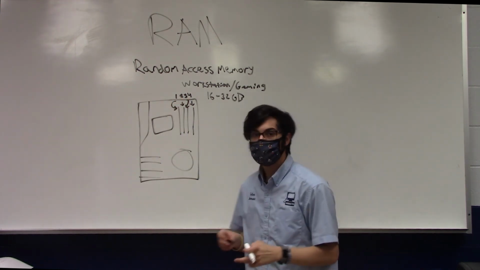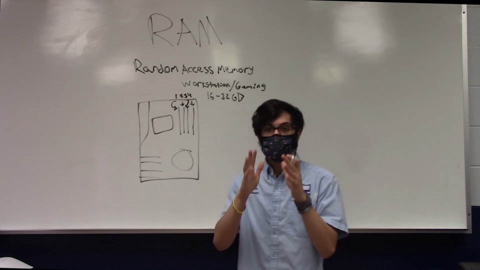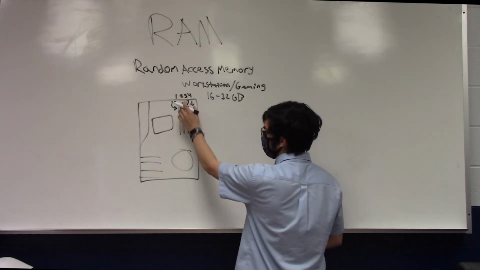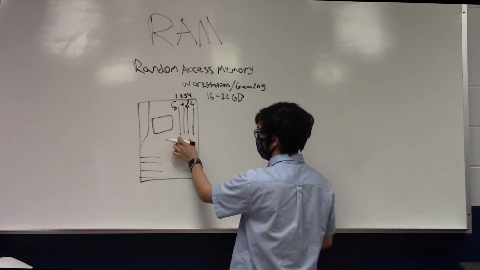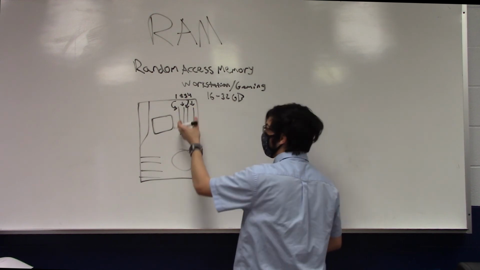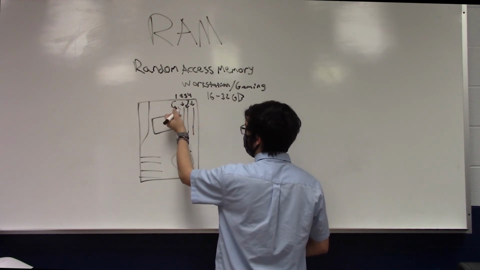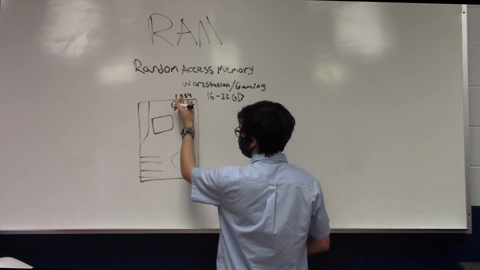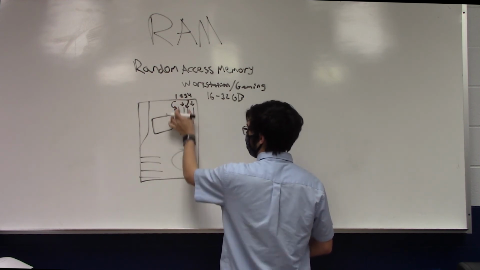And the reason for this is, just think of these 4 lanes as a highway, okay? Now, if you have 1 and 3 running, there's enough space in the middle for the data to go through.